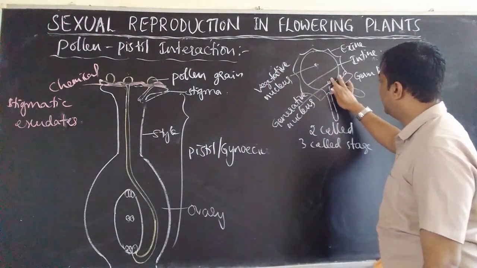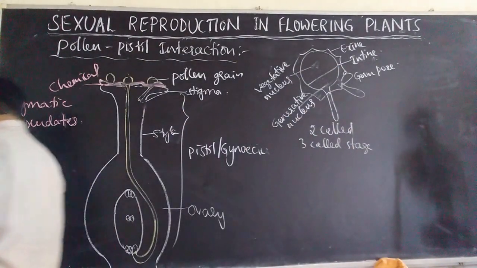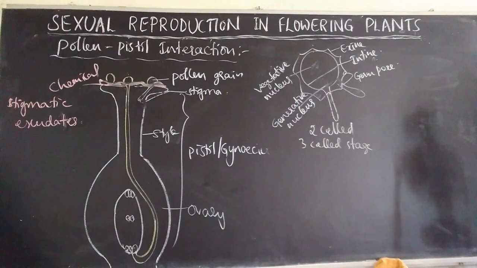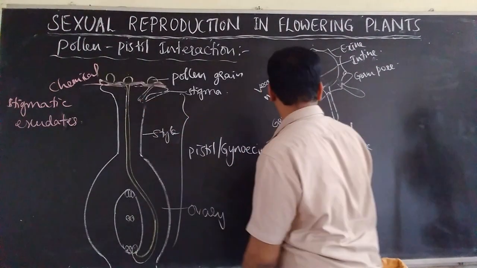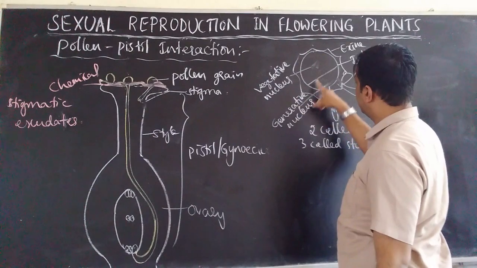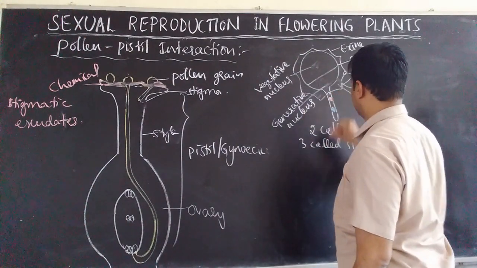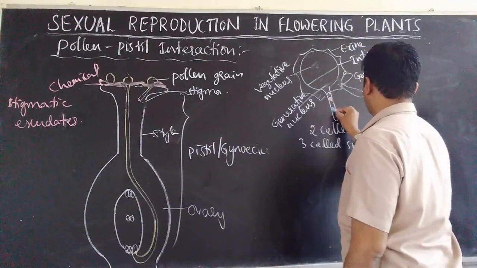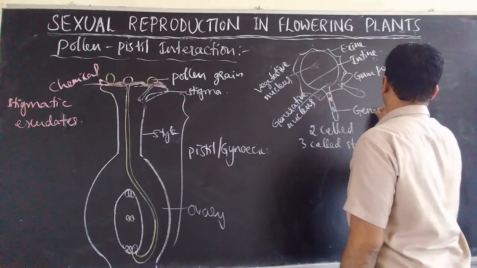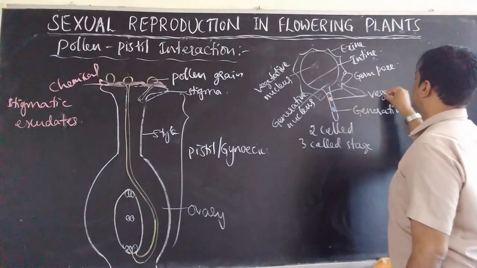These two nuclei will enter here. I can show you. This is the generative nucleus. This is the vegetative nucleus.